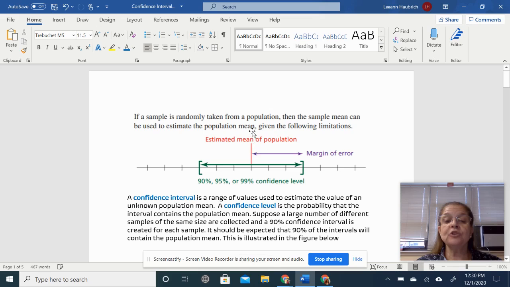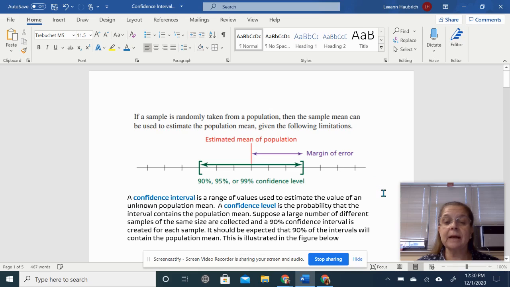And then the margin of error goes from the mean out to the end of the confidence interval. So the wider the confidence interval, the larger the margin of error. The smaller the confidence interval, the smaller the margin of error.